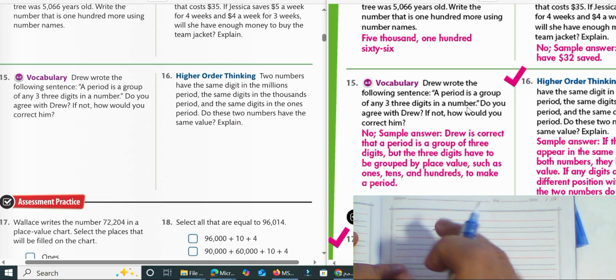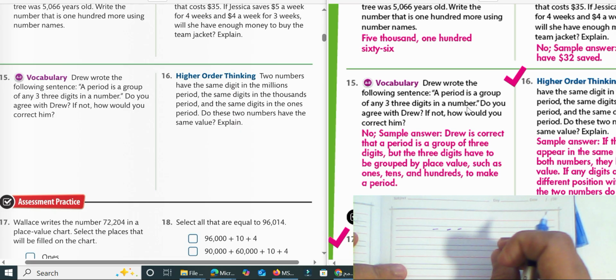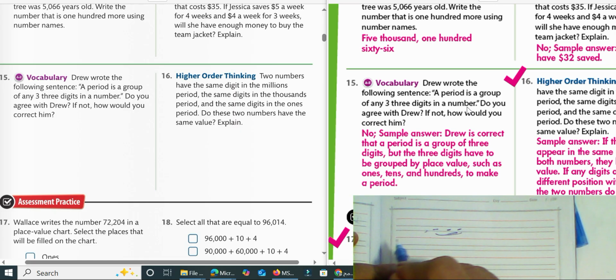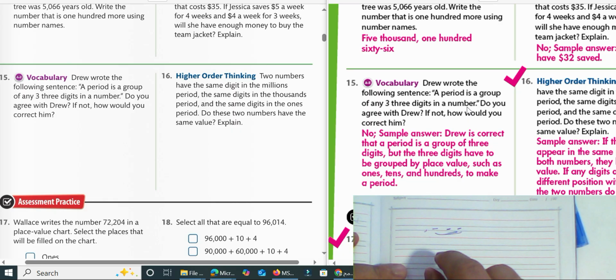We can write no, but he is correct about the number of digits in any period. This period contains ones, tens, hundreds. The period is a group of 3 digits, but the 3 digits have to be grouped by place value, such as ones, tens, and hundreds, to make a period.